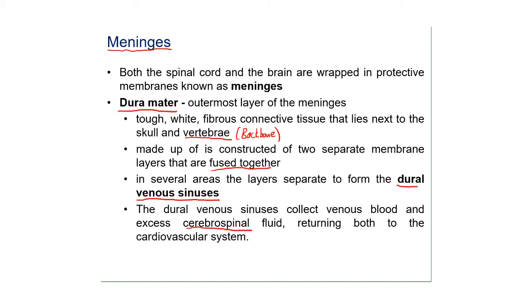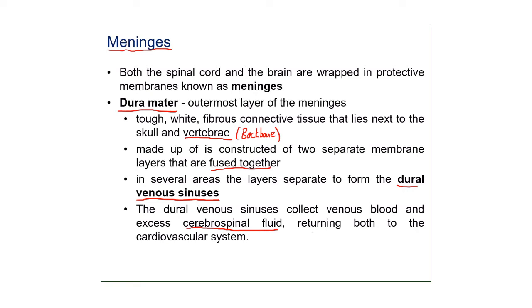Okay, so the brain and the spinal cord are surrounded by this fluid called the cerebrospinal fluid that will help protect the brain from having concussions, for example. And we actually will go into more details about the cerebrospinal fluid later on. But we need to have a place to drain these fluids. Otherwise, they just build up in the head, and they will drain in the dural venous sinus.